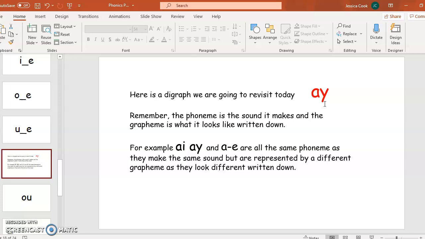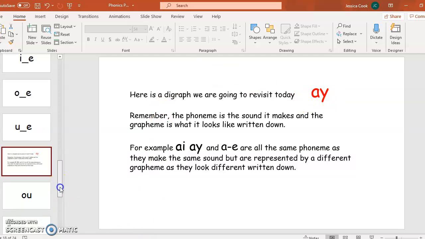It's also written like A, I, and that also makes ay, and A dash E, which is the split digraph. They're all the same phoneme because they all make the same sound, but they're all represented by a different grapheme, which is how they look written down, isn't it? So that is going to be our job today.